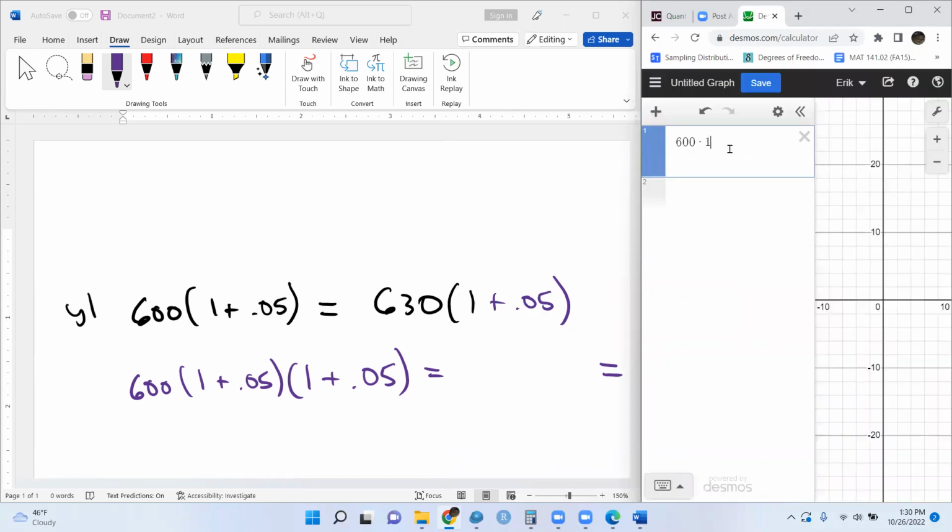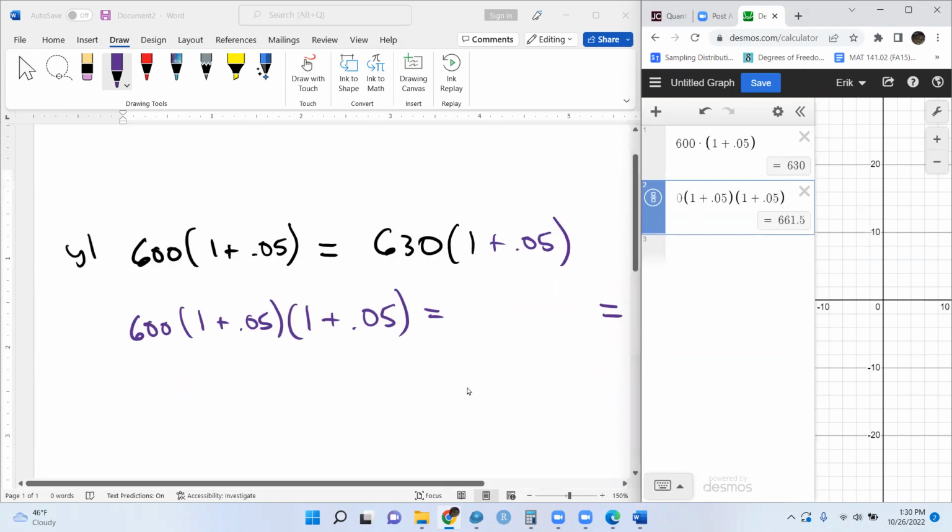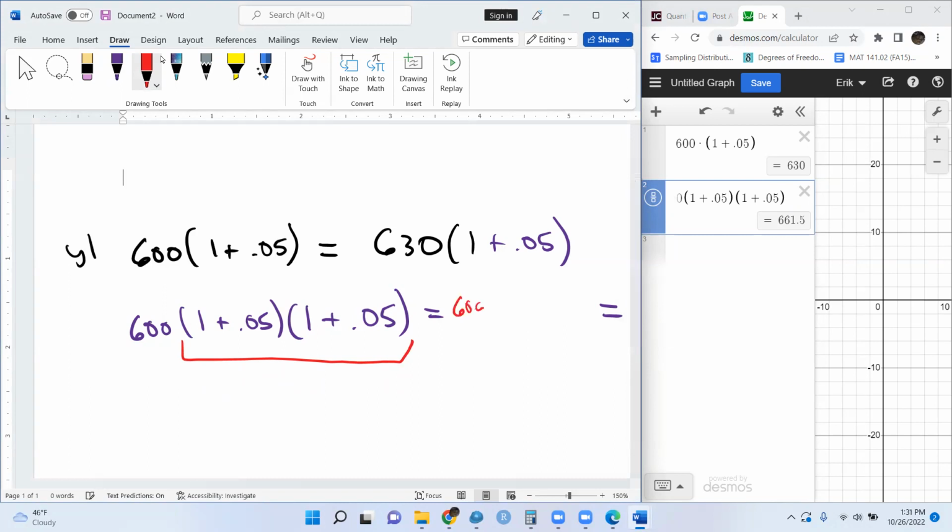So here's 600 times 1 plus 0.05. So 630. Here's 600 times 1 plus 0.05 times 1 plus 0.05. 661.50. And it turns out with exponents, remember, if you multiply by the same thing more than one time, you can write it as an exponent. So this is really 600 times 1 plus 0.05 squared.